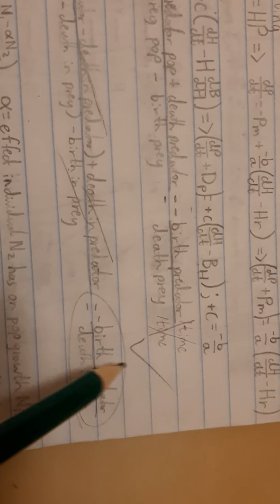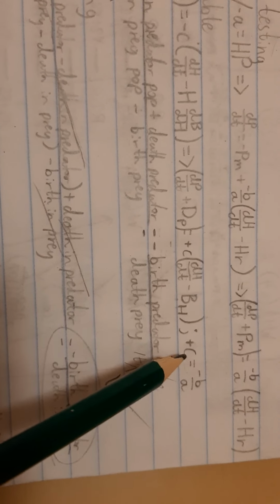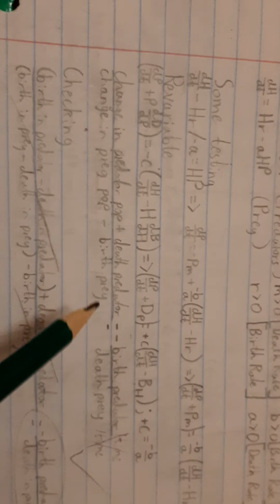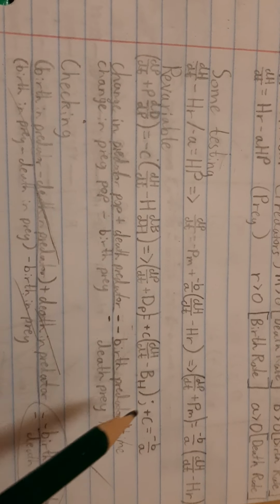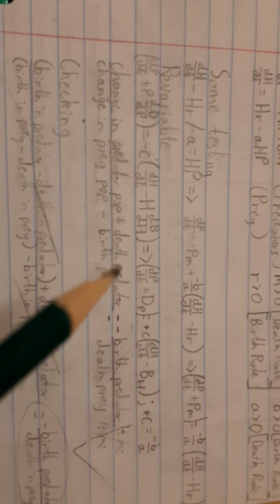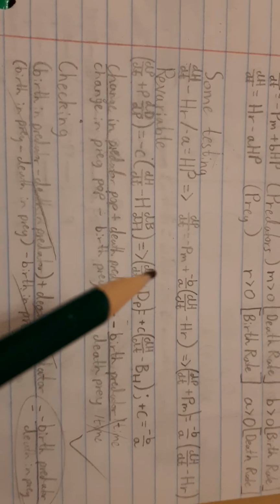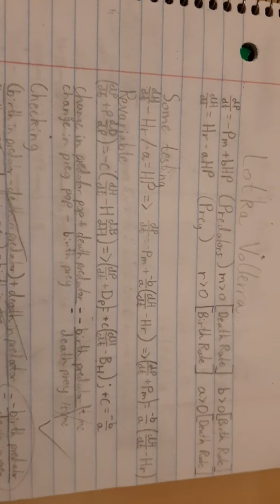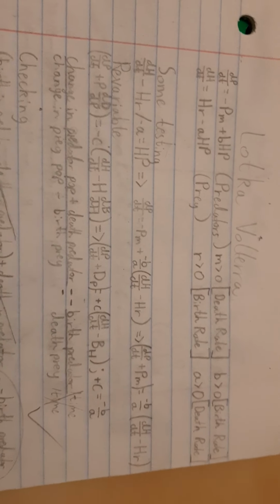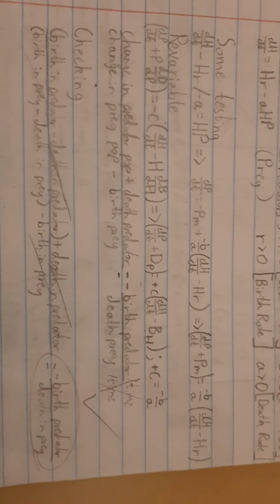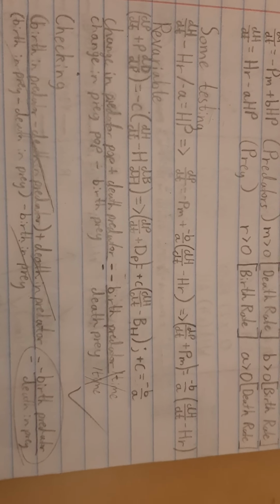And we confirmed that's what we get from this constant C. That's exactly the same. And so going through changing the variables, we see that the units of the Lotka-Volterra equations make sense. So that's just a simple way of showing why the Lotka-Volterra equations actually work.